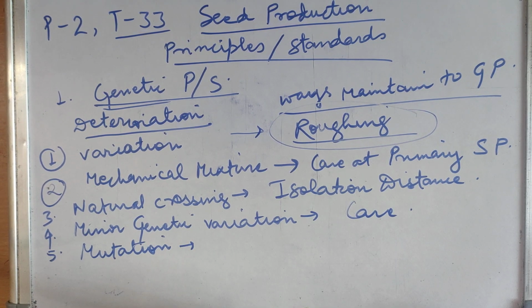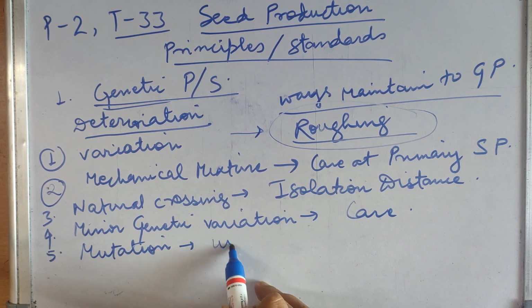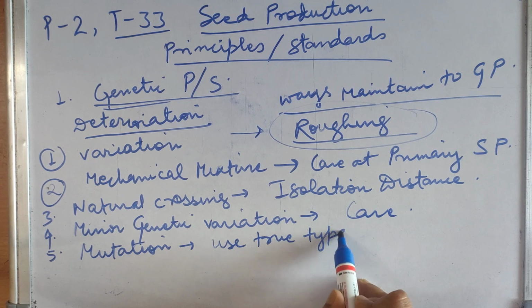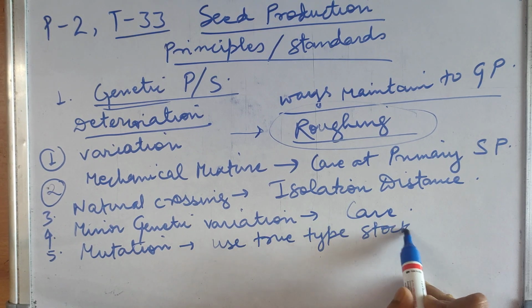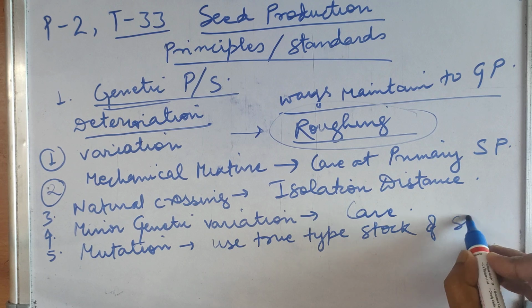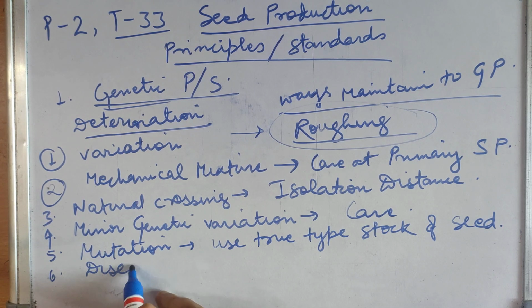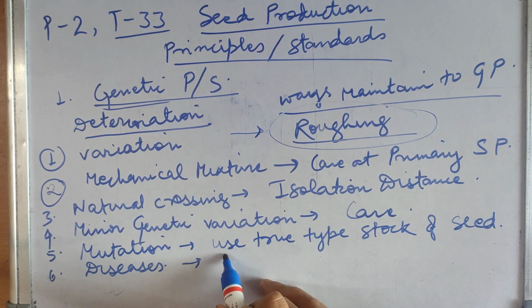Here we need to use true type stock of seed. Next, selective influence of diseases. For diseases we need to produce disease free stock.